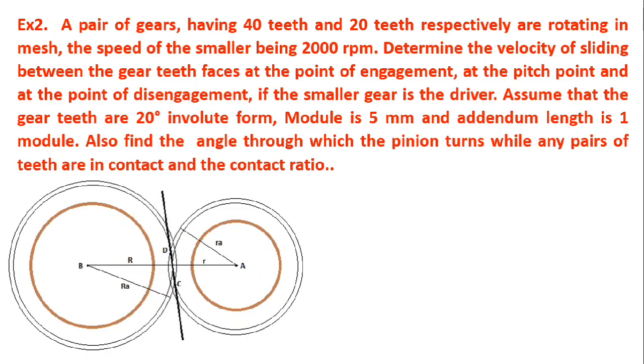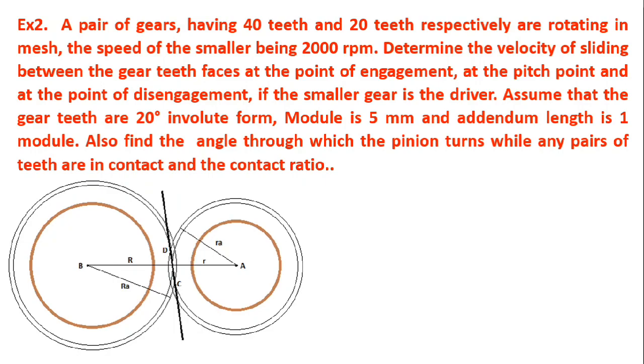Determine the velocity of sliding between the gear teeth faces at the point of engagement, at the pitch point and at the point of disengagement, if the smaller gear is the driver. Assume that the gear teeth are 20 degrees involute form, the module is 5 mm and the addendum length is 1 times the module.